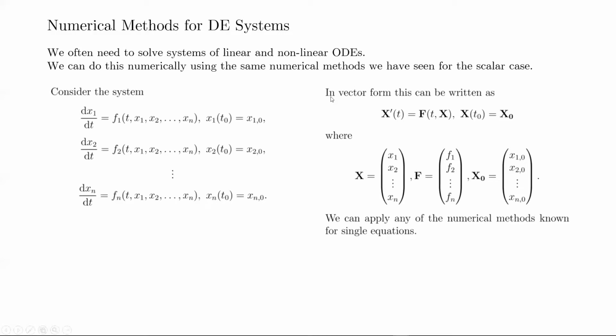So now I have an initial value problem in matrix form, where the initial values correspond to this x naught initial value vector. It turns out that we can apply any of the numerical methods for the single equation case to the vector case, the system case. So Euler's method, the improved Euler's method, and of course RK4, the fourth order Runge-Kutta method.